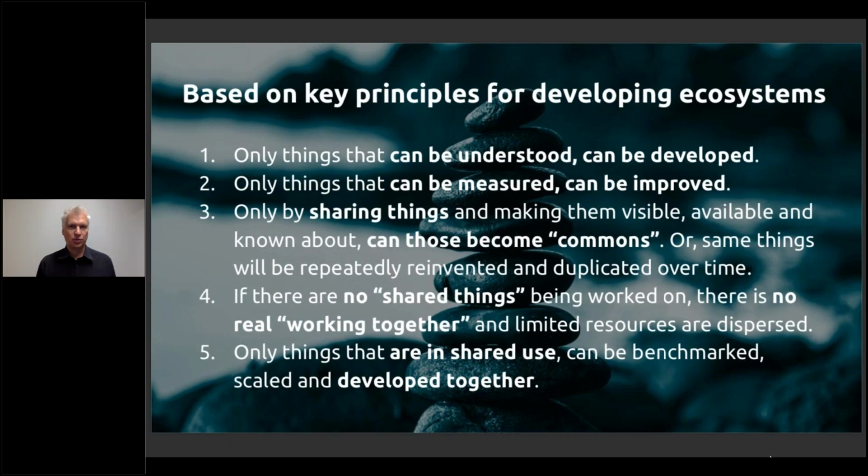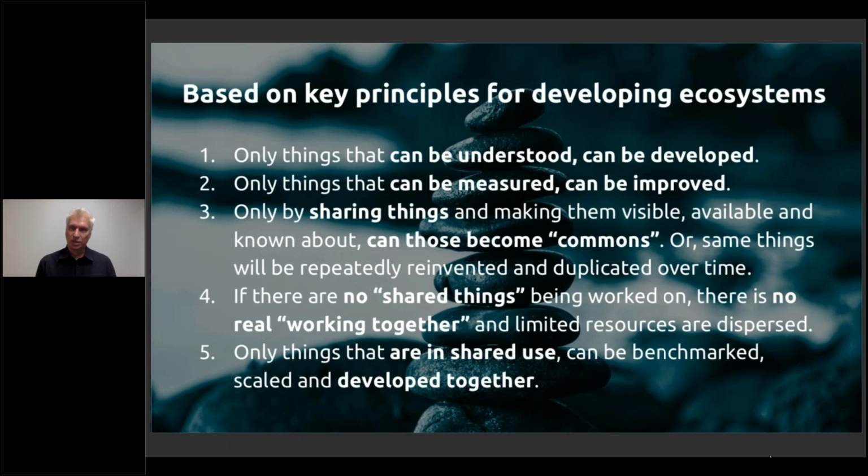Towards the end of the last module, we looked at some of the key principles of ecosystem development. These are the fundamental core rules to think about and keep in mind when looking at ecosystem development. Only things that can be understood can be developed, so there is a need for a knowledge component and collective knowledge improvement for the ecosystem development activities.